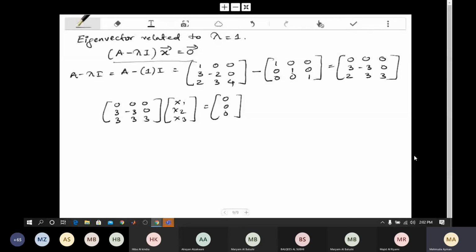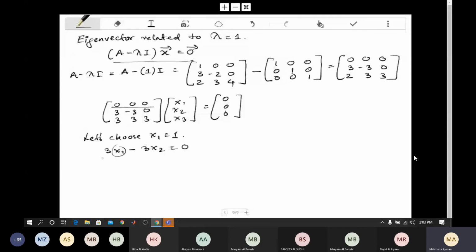So now again we come to the part where we choose values for x. Let's choose x1 is equal to 1. Then for the first row we have all zeros, so there's no equation there. For the next one we have 3x1 minus 3x2 is equal to 0.